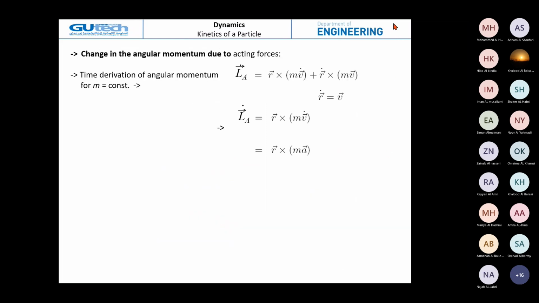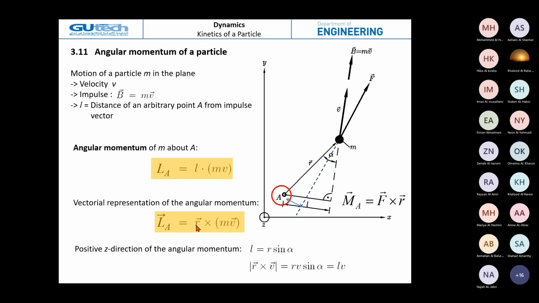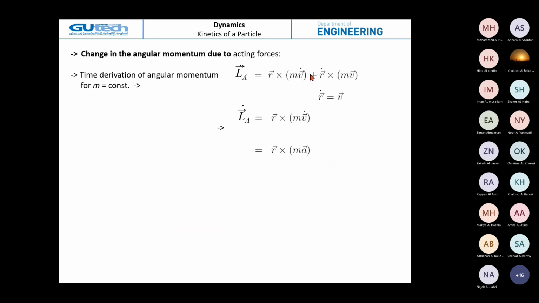Now, if we look in detail at what we have here, LA, as I said, we have R cross m v dot. This is the derivative, where we make R cross d over dt of mv, and plus this time derivative dr divided by dt cross mv.